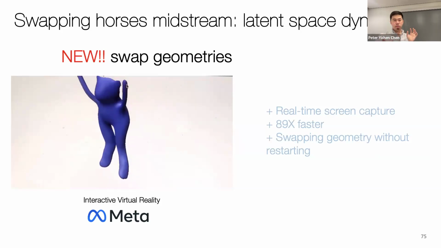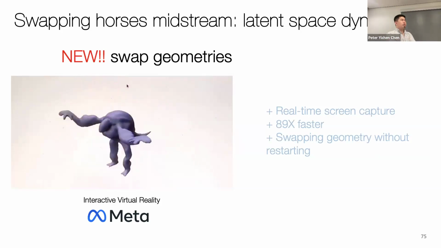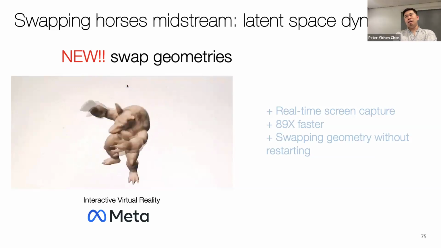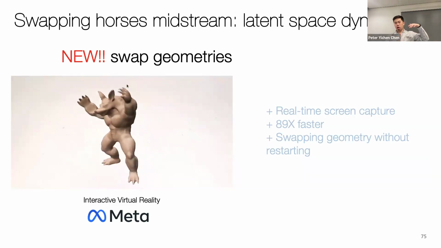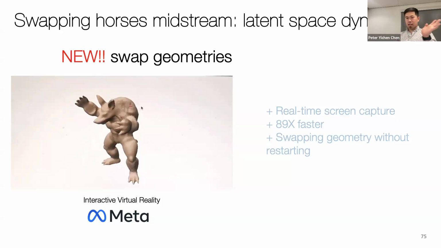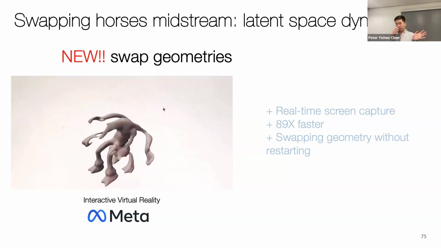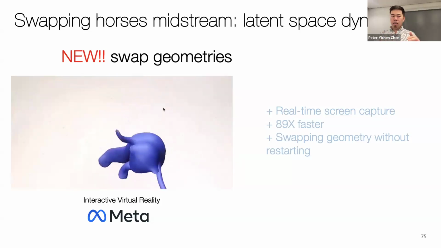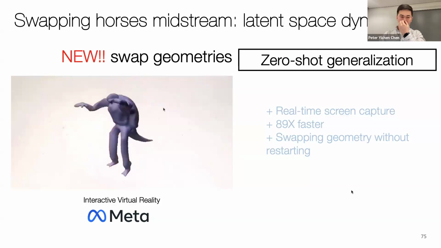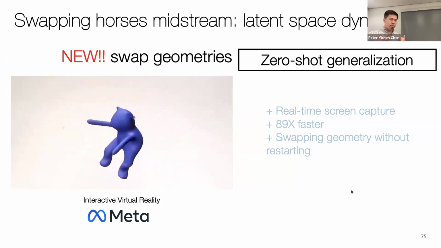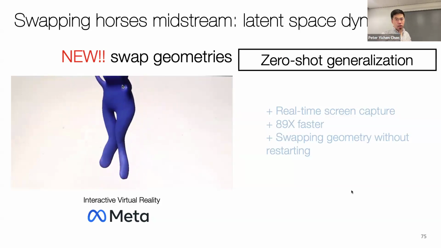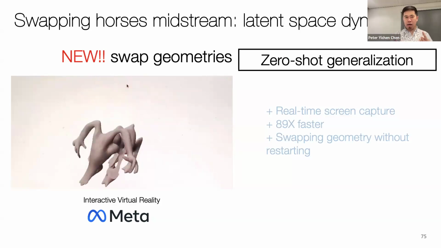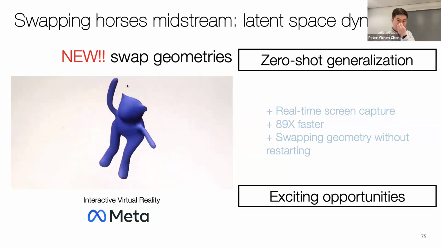We can swap geometry at any time. The reason we can do this is that the solver is updating the latent space, and as you update it, at any moment you can swap in whatever geometry you want. In machine learning, we call this zero-shot generalization. It's only trained on one mesh, but actually generalizes to different meshes.